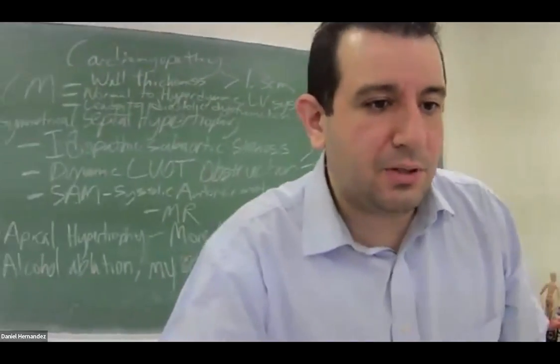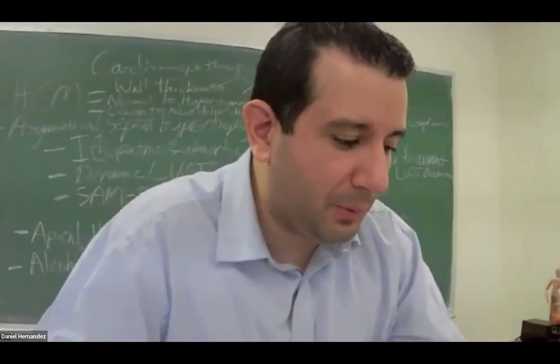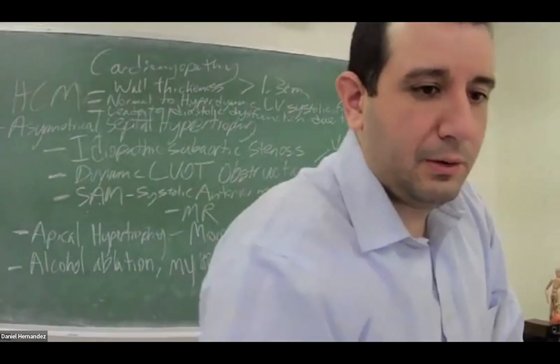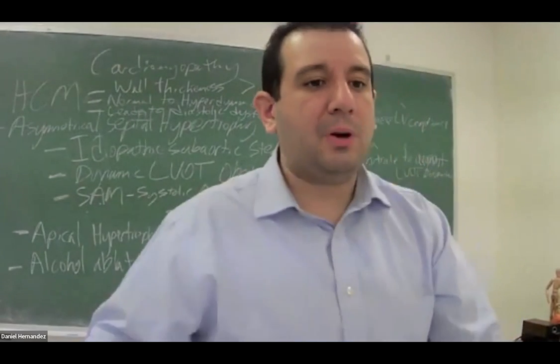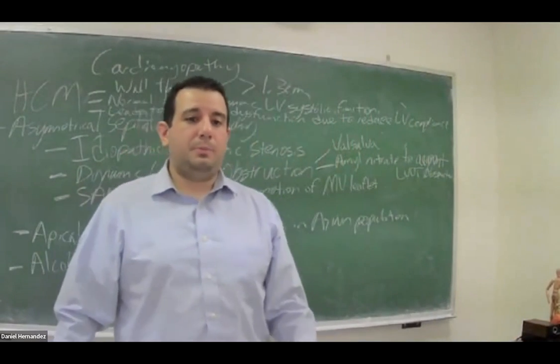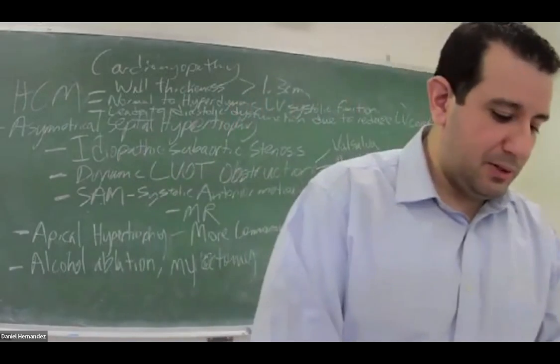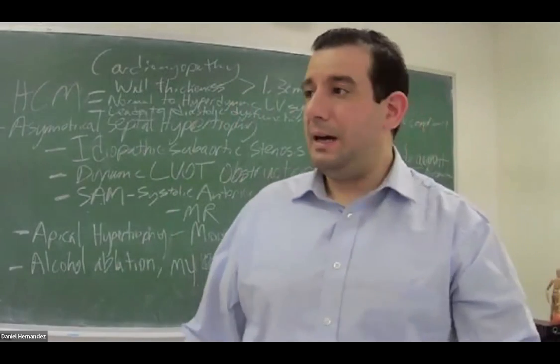All right, going back to restrictive cardiomyopathy. We know it's a disease that causes diastolic dysfunction primarily, so that's the main thing we're worried about now. The reason it's diastolic disease is because those atria are becoming dilated.